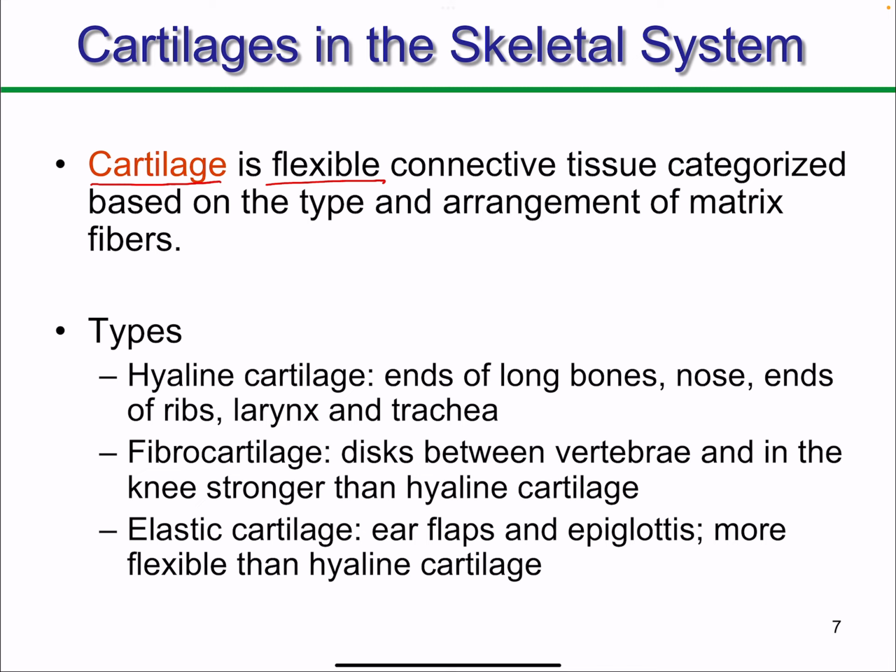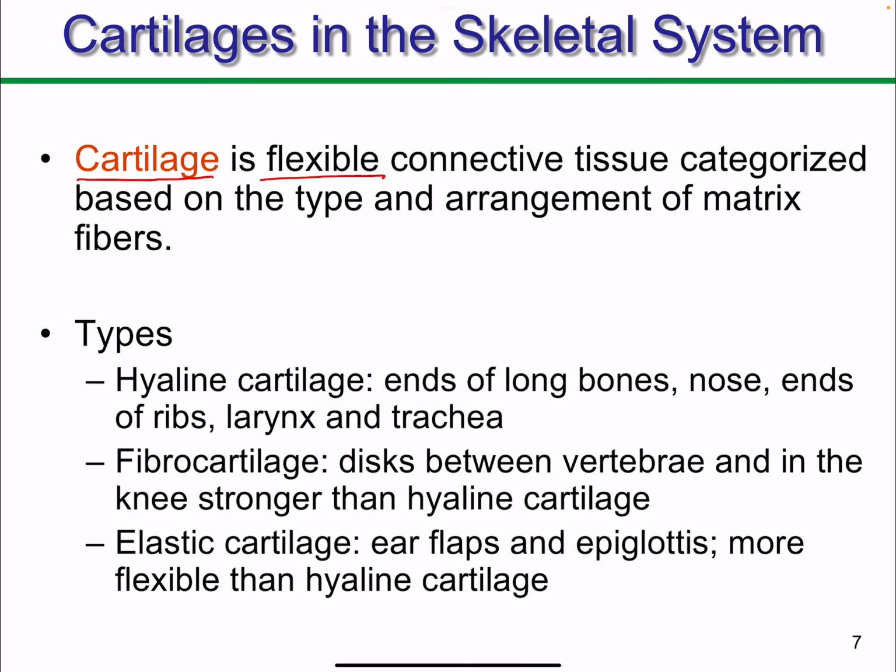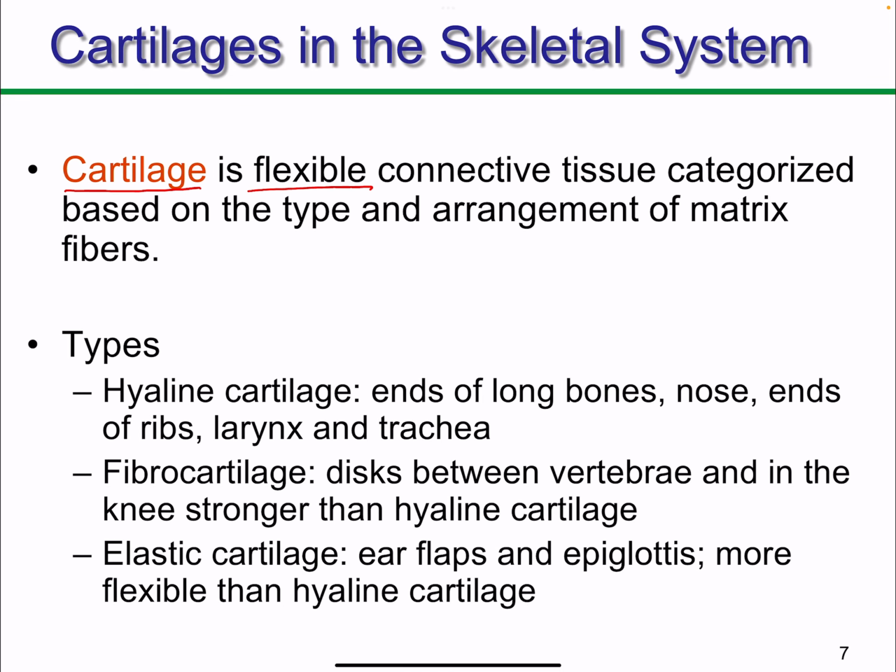And the matrix of the cartilage is actually a bunch of collagen fibers and elastic fibers that are trapped in with carbohydrates and some salt. But this concentration of salt is not as much as in the blood. I want you to remember the cartilage, because from the cartilage you are going to have the formation of the bones.